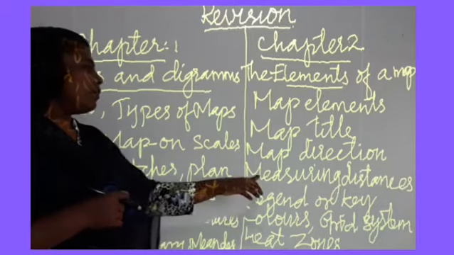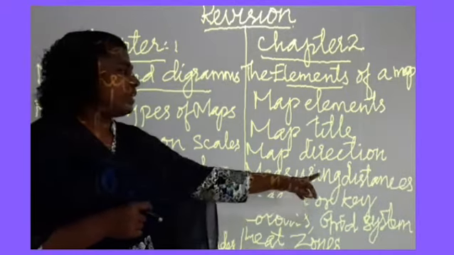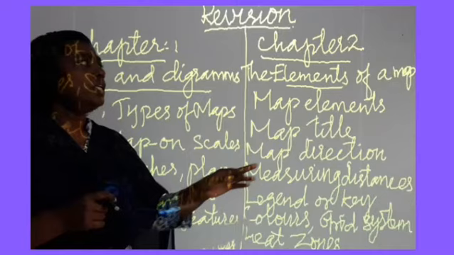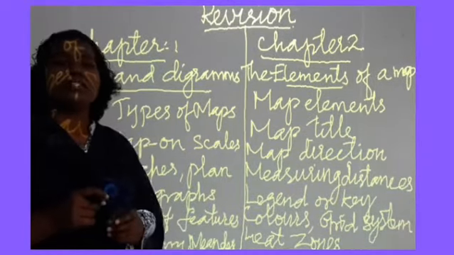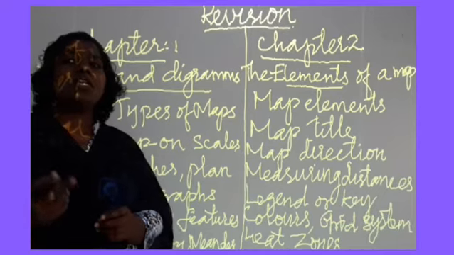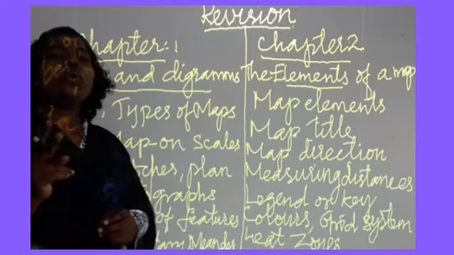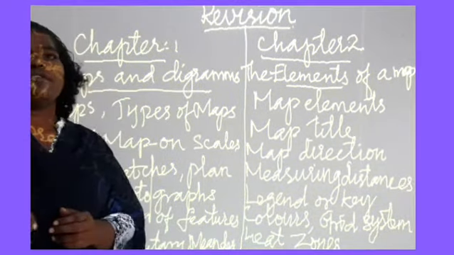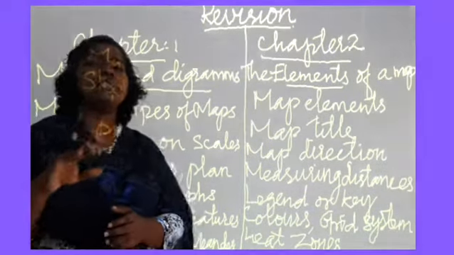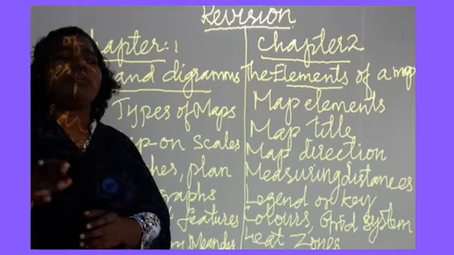And when we see measuring distances, we use a scale for measuring distances. When we measure distance, there are two important methods. On the surface of the earth, some places will be straight and some will be curved.